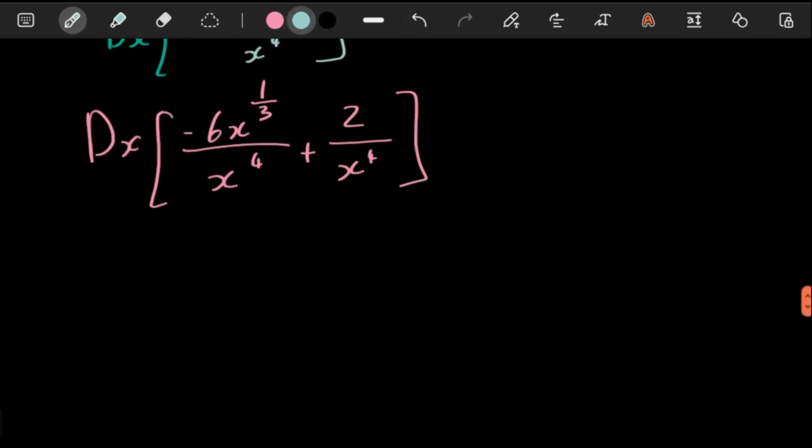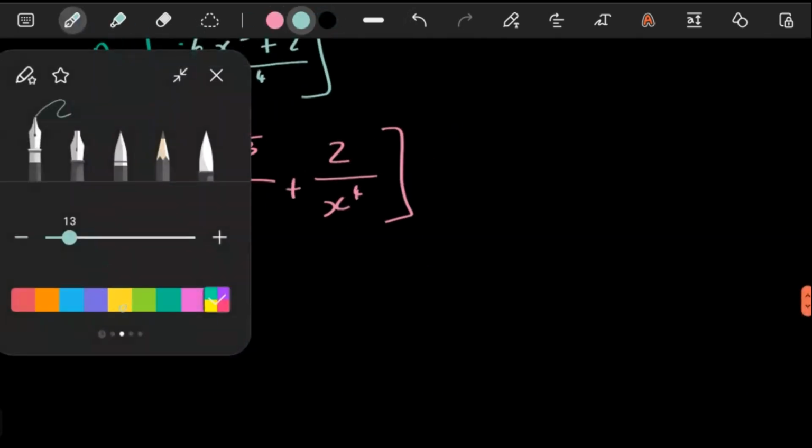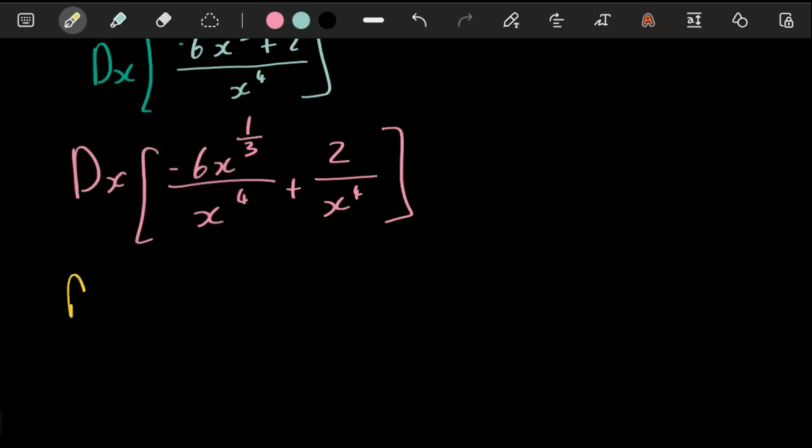Anyways, from here, you're almost home free. Fortunately, if our bases are the same and we're dividing, we just subtract the exponents. So this is a negative 6 divided by 1, which is negative 6. And then here, a third minus 4 is what you're going to have, because your bases are the same and you're dividing. A third minus 4 is negative 11 over 3. Yeah, it is 3.